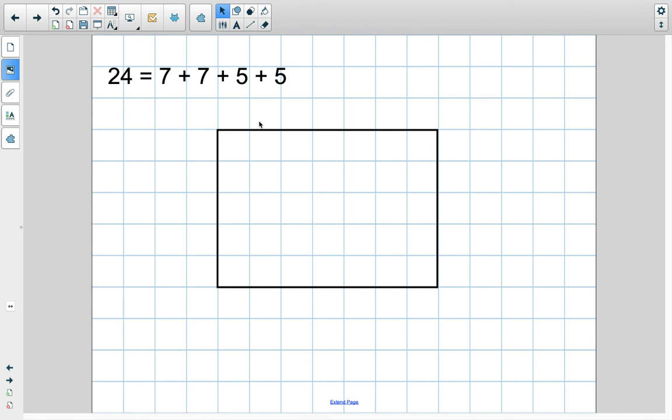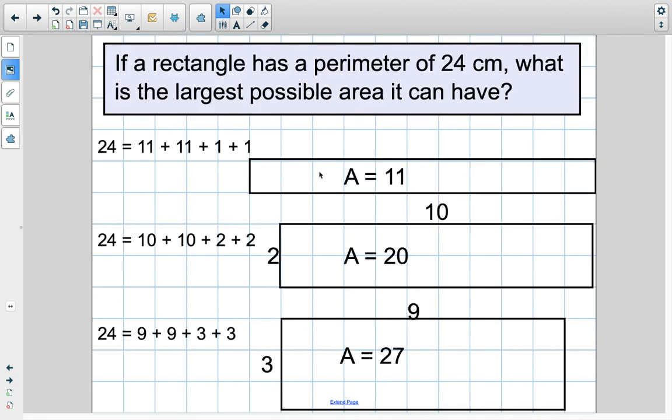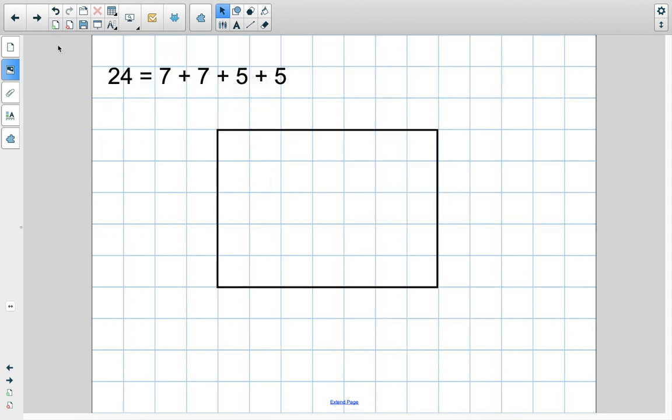So now I have, and it's still got a 24 perimeter. 7 plus 7 is 14. 14 plus 10 is 24. So it's the same as this one, believe it or not. Still the same around. But now I've got a pretty huge space that I'm taking up here.